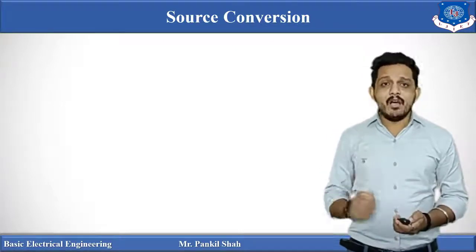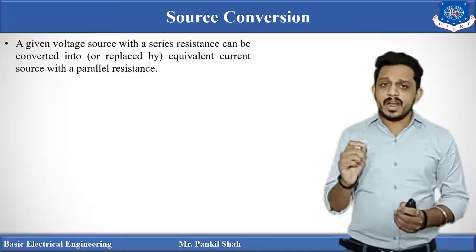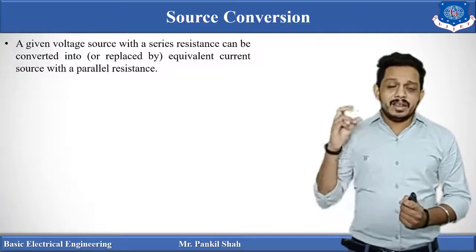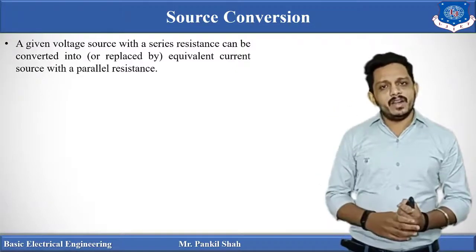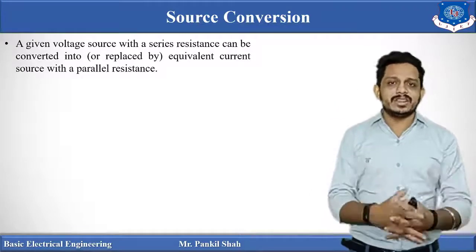So how can we transform a voltage source into a current source? The condition is, if we are taking one independent voltage source, then there will be some resistance connected in series with that voltage source.